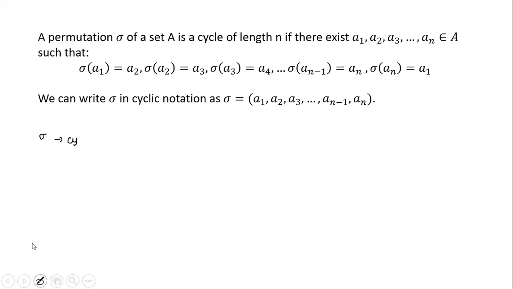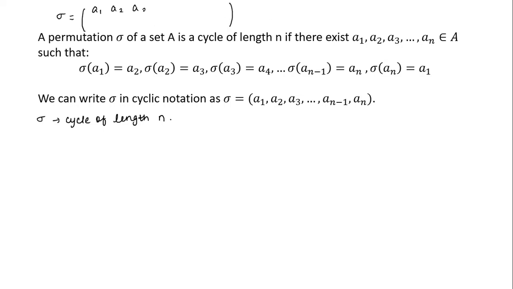Let us say that sigma is a cycle of length n. Alright, so we know that we can even represent sigma in array form, and in array form at the top we will be having elements a1, a2, a3, and so on till an.